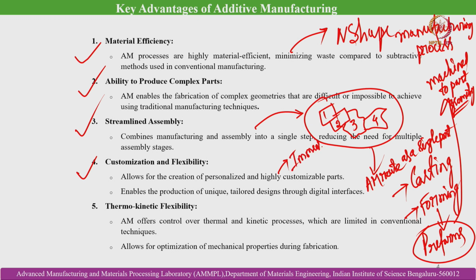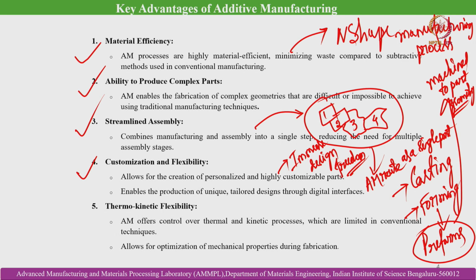You can see that several different complicated design parts are possible to be manufactured by additive manufacturing, which are otherwise very difficult to manufacture by other conventional routes like casting or forging, because of difficulty in ensuring flowability of the material, fusion between different layers, and also difficulty in manufacturing an appropriate mold or die to get the shape made. Whereas in AM, because it is a preform manufacturing, there is no need for any dies.